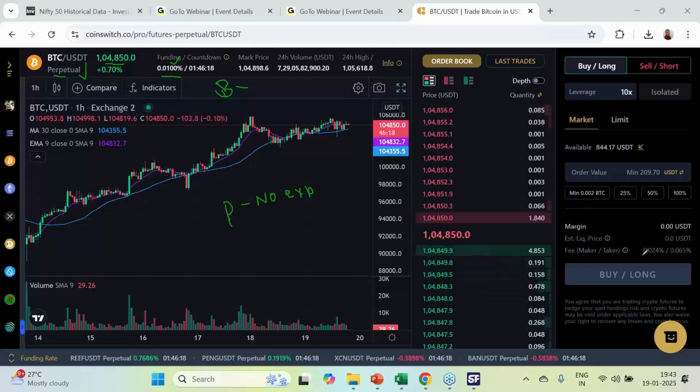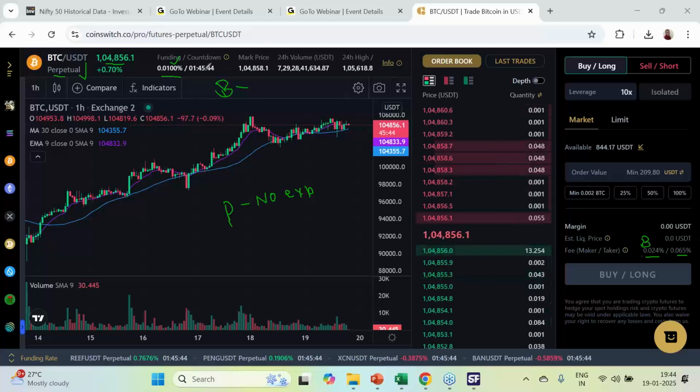The second part: in most crypto broking firms, there is no brokerage. What they take is a maker fee and a taker fee. Maker fee means whenever you are buying something, you are a liquidity provider. The seller is a liquidity taker. Because you are going to pay the funding fee, you have to be incentivized for this.